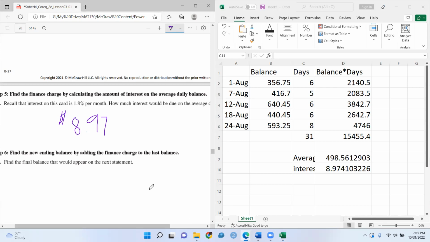So the final balance that's going to appear on September 1st is going to be this ending balance, 593.25, plus our finance charge, 8.97.